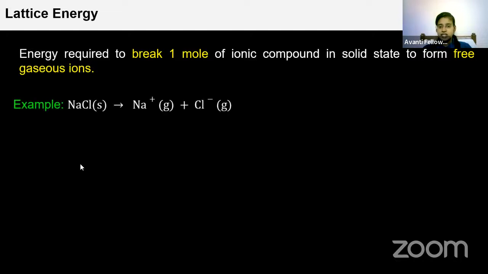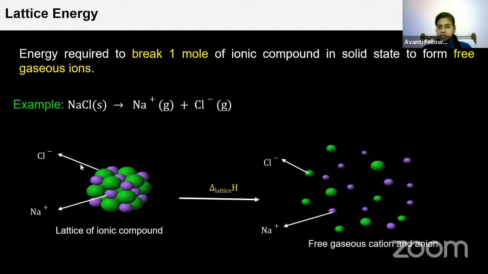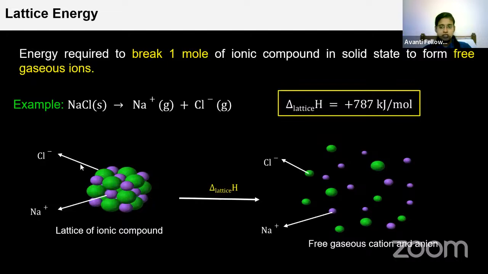So I have taken NaCl, and this 1 mole of NaCl will be broken down and form Na+ and Cl- ions. The energy absorbed for the formation of this cation and anion is called lattice energy. Since it is an energy absorption process, it is endothermic in nature and delta H will be positive, right?